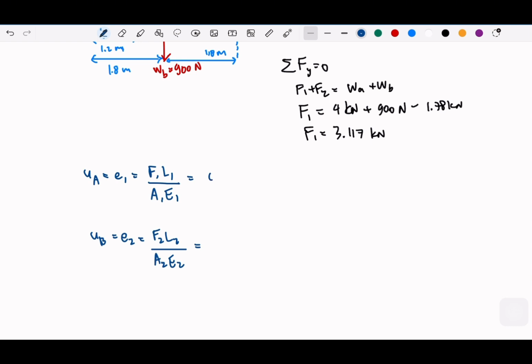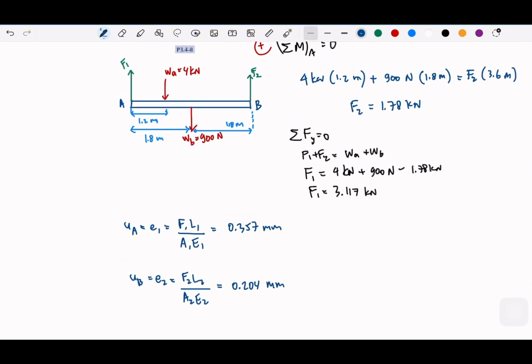This will result in 0.357, and this will be this. So the key is to get the equilibrium correct. We need to make sure our statics are perfect at the beginning. If not, we are not able to compute the next part.